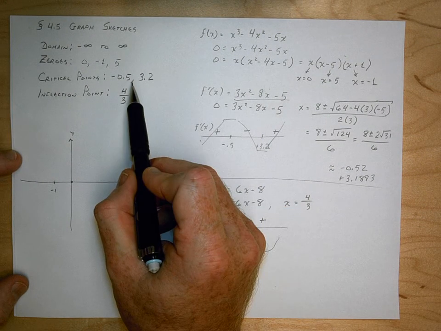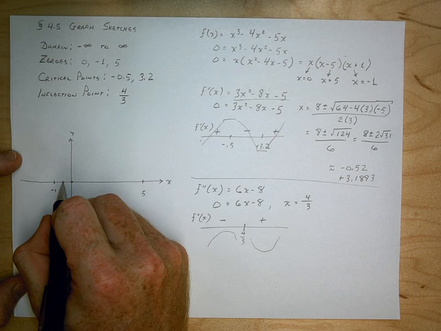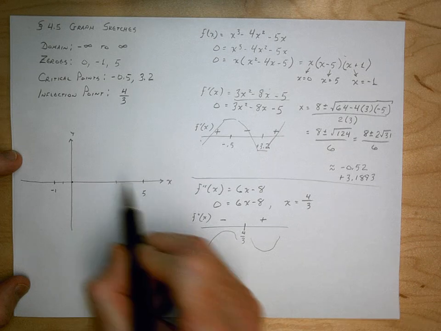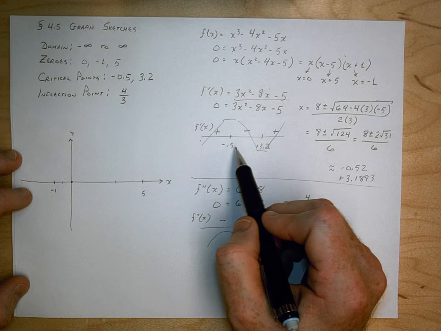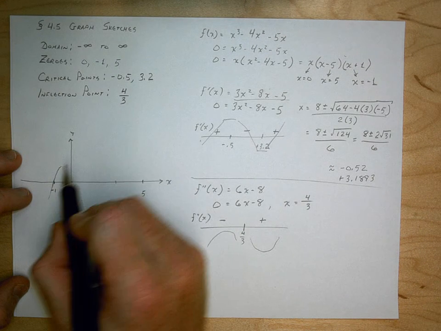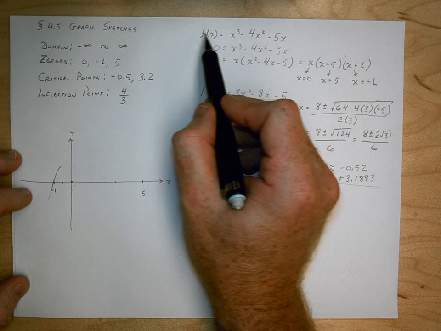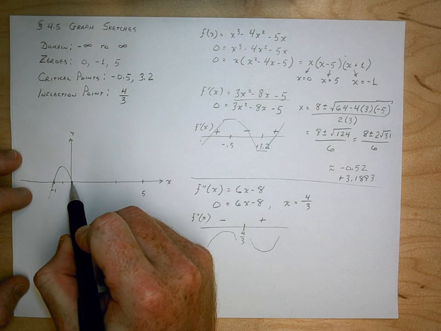It has critical points at approximately -1/2, so down here, and at positive 3, so right about here. We know its slope is positive leading up to this, so it crosses through the 0, positive, somewhere. I haven't bothered to figure out where. I could always take this -0.5, plug it into my original equation, and get a y value. I know it crosses back down here.